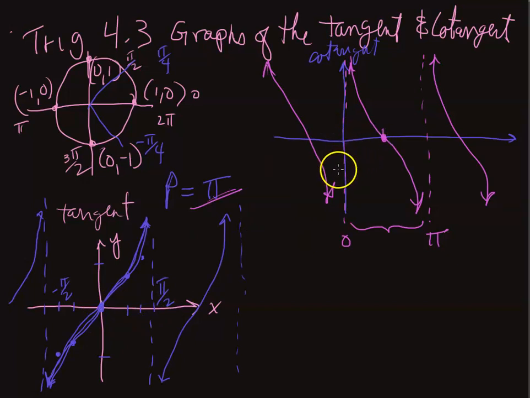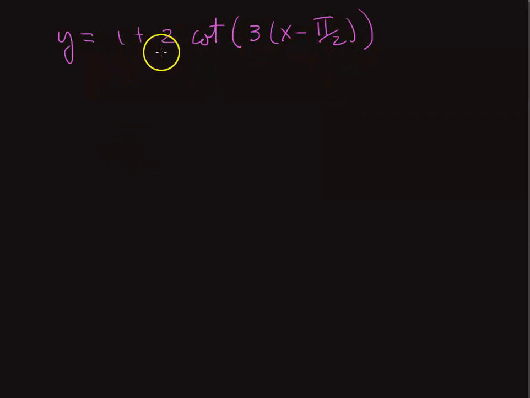Now, these are going to be a little bit different when you start adding things to them. Suppose you got y equals 1 plus 2 cotangent 3x minus pi over 2. This really looks like the same one we did before, except now it's with a cotangent for the function.